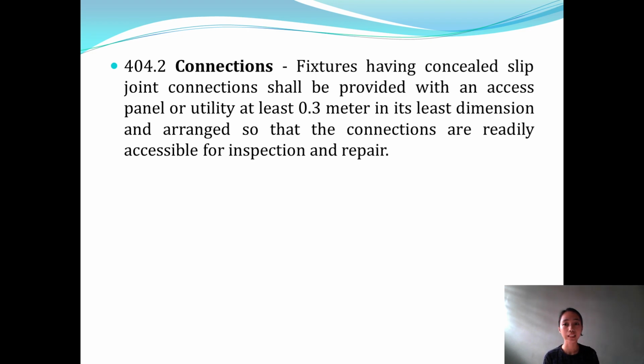Fixtures having concealed slip joint connections shall be provided with an access panel or utility at least 0.3 in its least dimension and arranged so that the connections are readily accessible for inspection and repair.